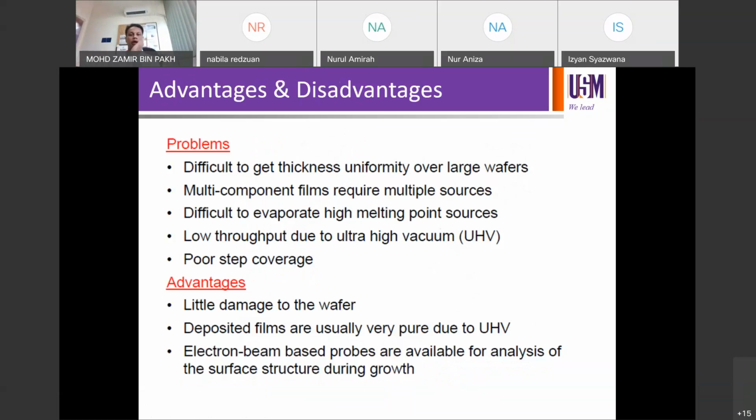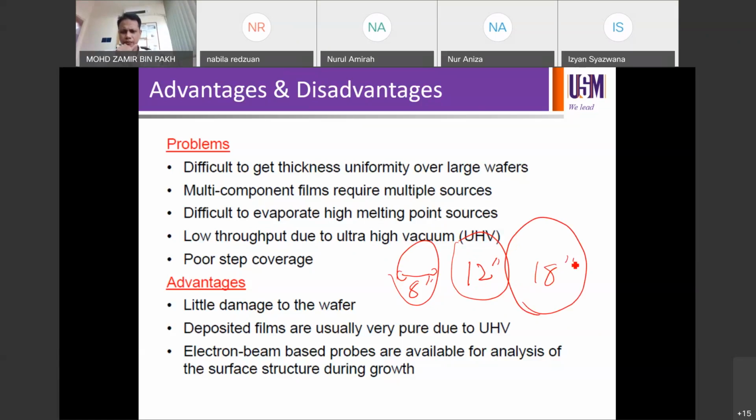All right, advantages and disadvantages. Problems: difficult to get thickness uniformity over large wafers. It's a lot harder to control uniformity on large wafers. Just imagine you're in a fab running 8-inch, so 200 mm, and your next fab is running 12-inch, and your other fab is running 18-inch.